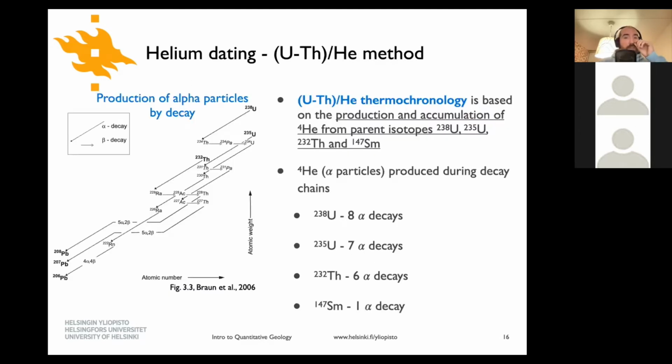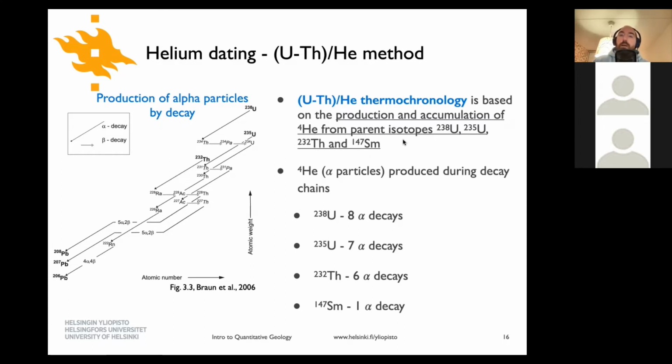And we'll start here with this uranium, thorium, helium method. So this is what's generally referred to as helium dating. And the basic idea is that we're going to use the accumulation of helium-4 from parent isotopes of uranium-238 and 235, thorium-232, and samarium-147.